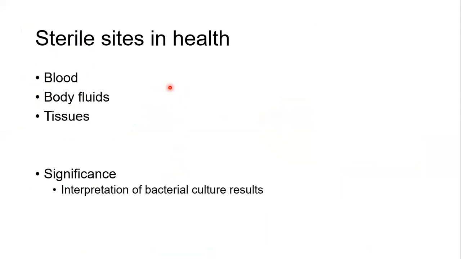So the lab first has to decide, when you're taking a blood sample, you're injecting through the skin. You're supposed to clean the skin well. If you do not disinfect the skin well, that means you're pushing normal flora from the skin into your sample. So the lab first has to decide, is this a contamination? Is this a true picture of what I'm finding on culture of the organisms?